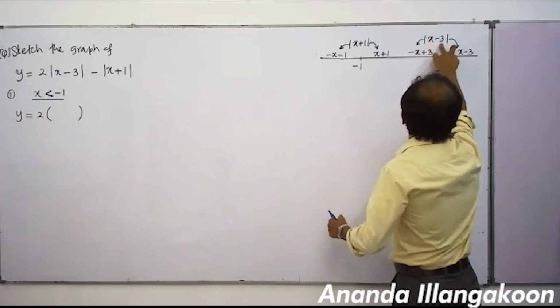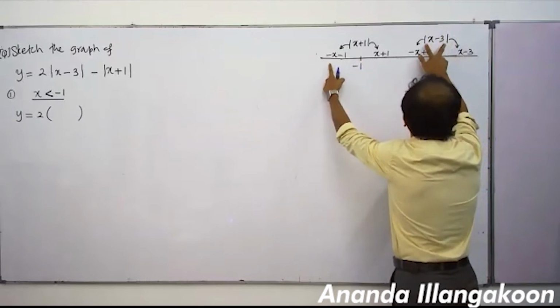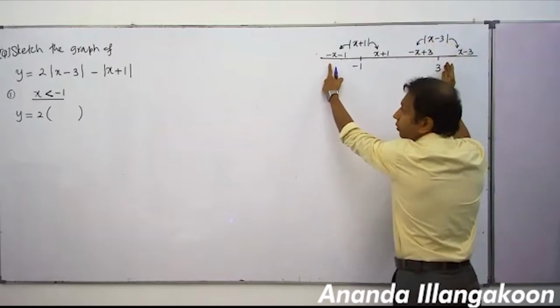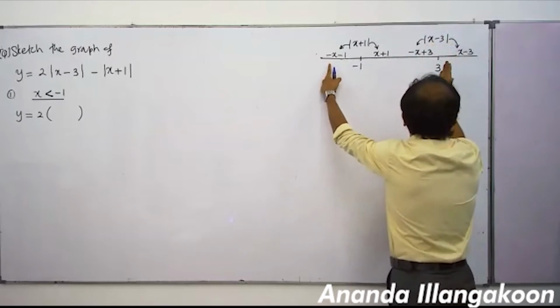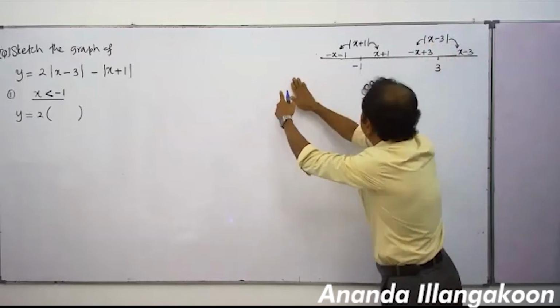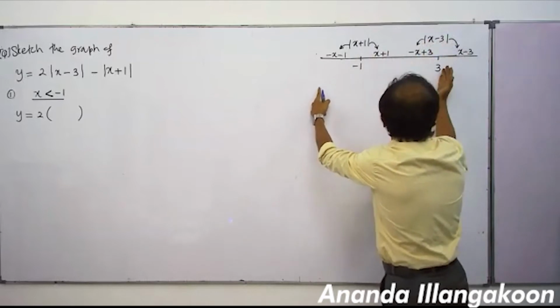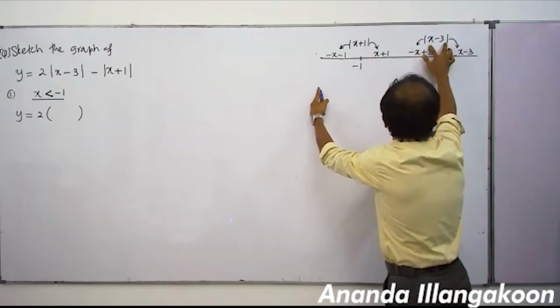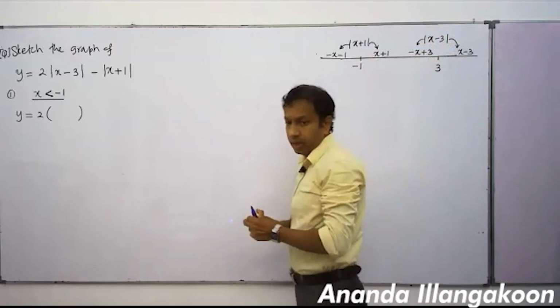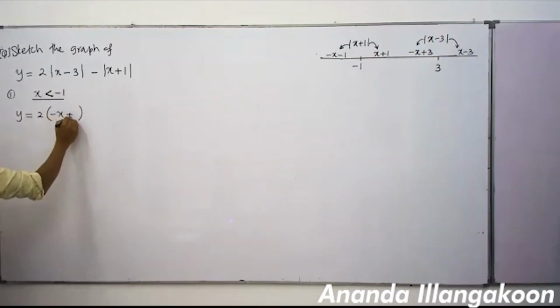The value of this we need on the left of -1. We have said |x - 3| takes -x + 3 for all the values which are on the left of 3, that is this region up to minus infinity. Then x less than -1 is also on the left of 3. So therefore, |x - 3| will be equal to -x + 3. So here we have to put -x + 3.